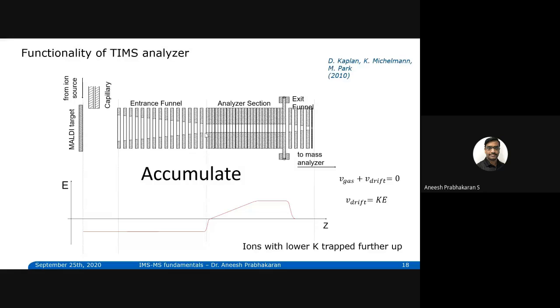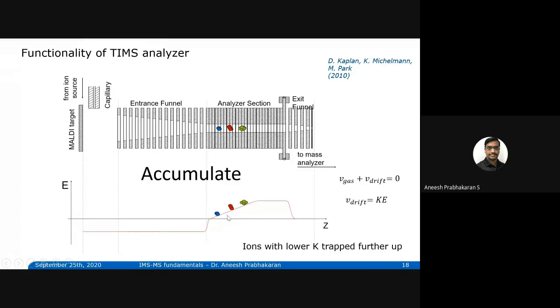First, we accumulate the ions in this region, and in the accumulation phase, the ions stay in this region. This plot shows the electric field in this device. The ions stay in some position based on the velocity of the ion in the gas and the velocity due to the electric field. The velocity due to the gas is in the forward direction, and at the same time the velocity due to the electric field is in the reverse direction.